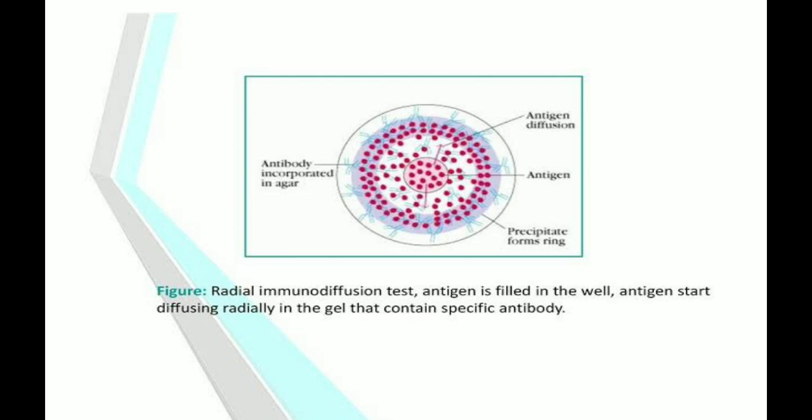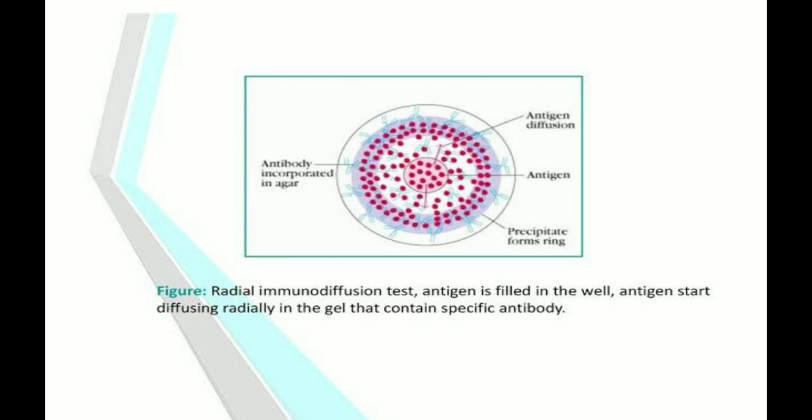So antigen moves in two dimensions in the whole area. So you can see it's a single diffusion in two dimensions. Single diffusion because only antigen is moving, and two-dimensional because it's an area, with x and y axis both. So when it's moving in all directions, there will be a ring formation around this well. So this reaction is also known as radial immunodiffusion, and the precipitation ring is formed, you can see in the figure very well.